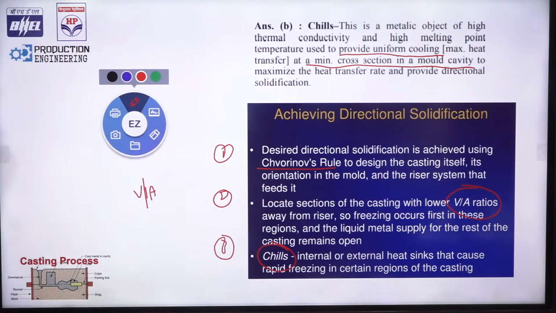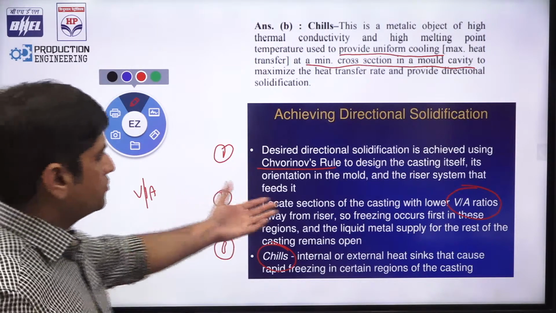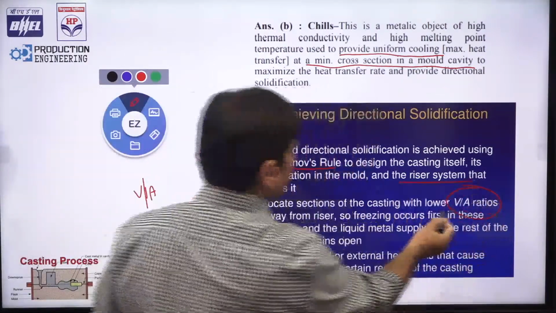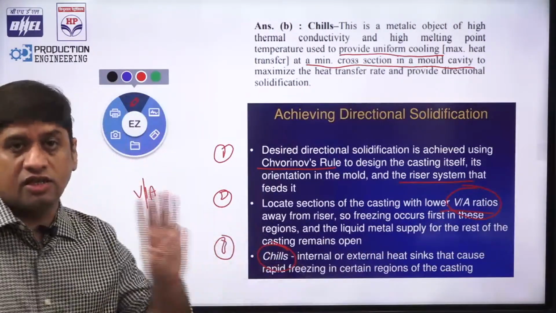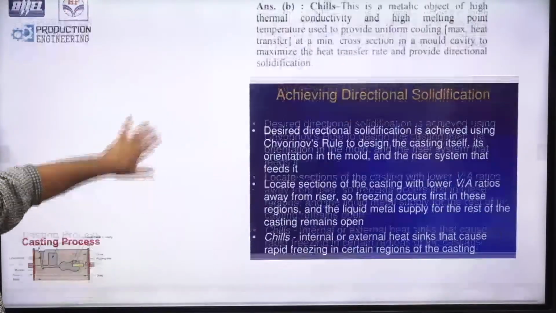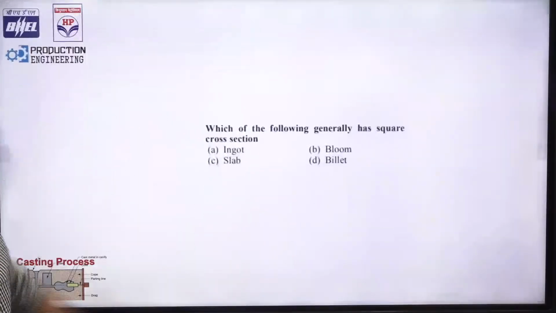What are the three ways in which directional solidification is obtained? One is the riser system, another is the V over A ratio, third is the chill. You can get directional solidification using these three ways. So remember, this is very, very important.